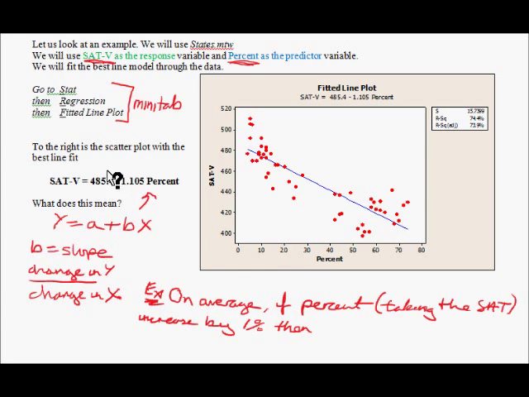Well, notice here our b is negative, negative 1.105.